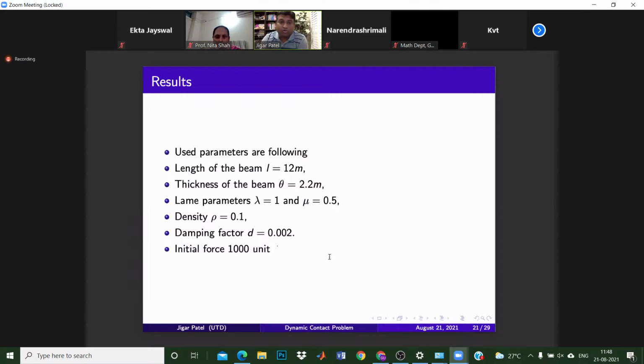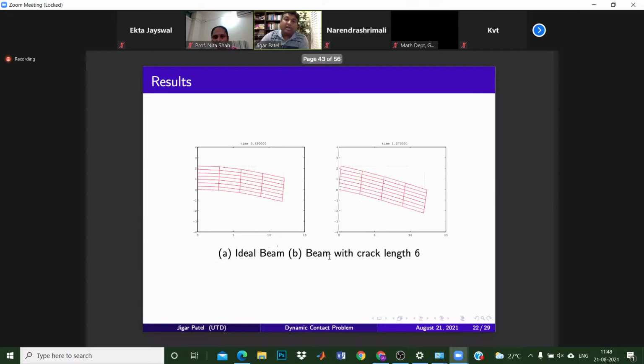Thickness was 2.2 meters. I used Lamé parameters lambda equal to 1, mu 0.5. Density I considered as 0.1. Damping factor I set at 0.002. And I applied 1000 units of initial force at the free end of the beam.